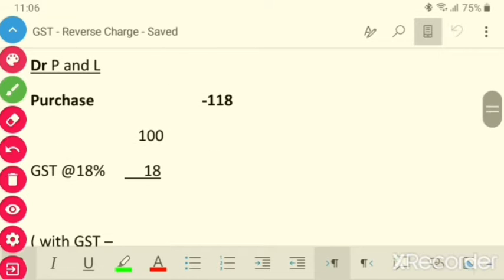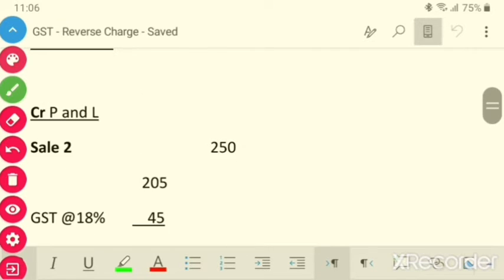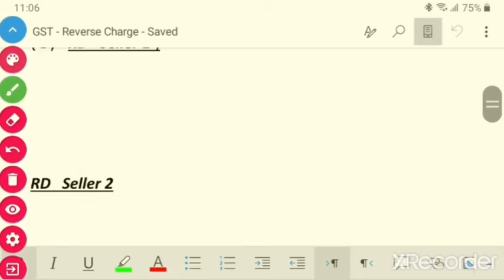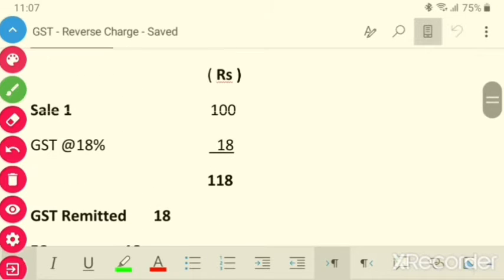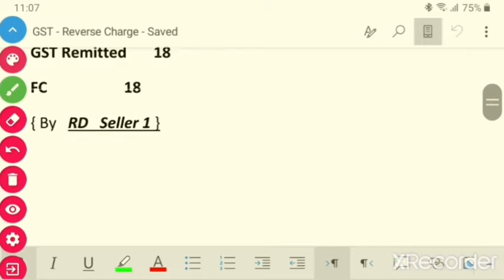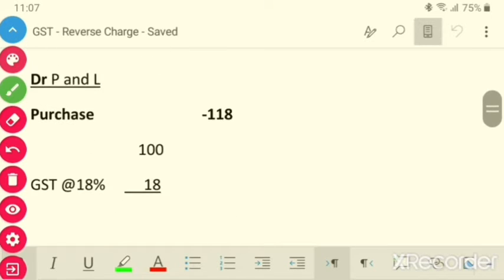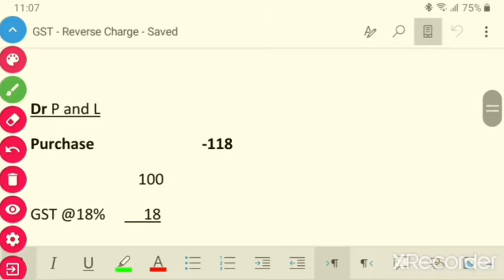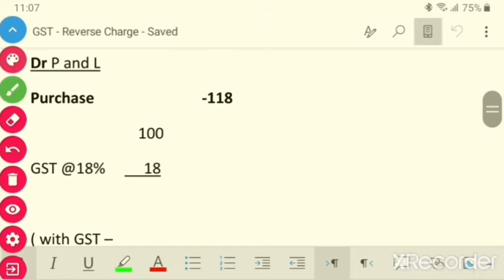Then purchases is 118. Seller 2 has purchased from seller 1 at 118. Without GST, 100 rupees, plus 18 rupees GST, 118.